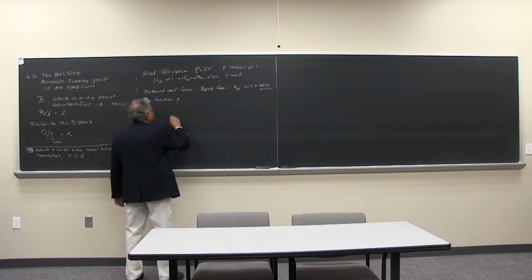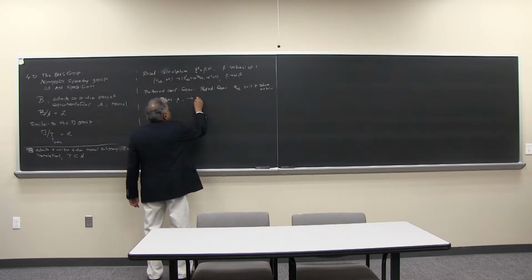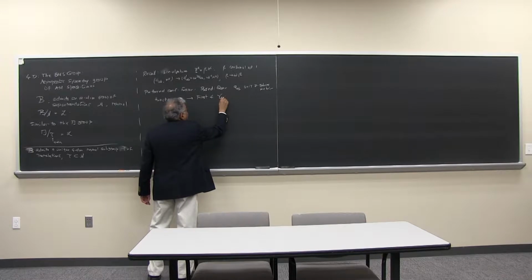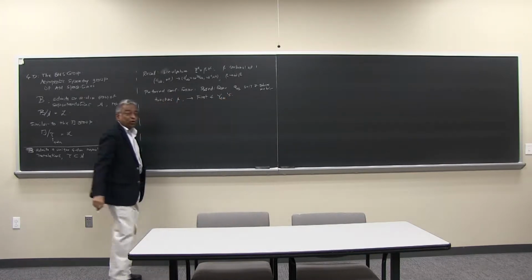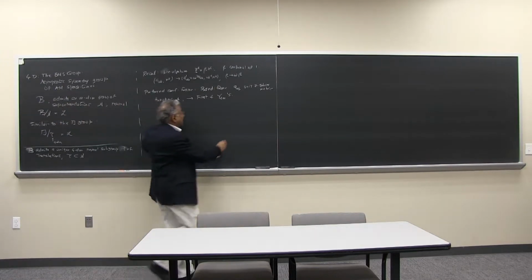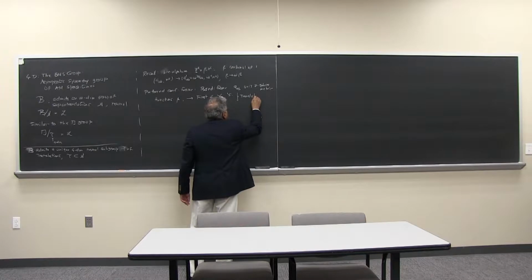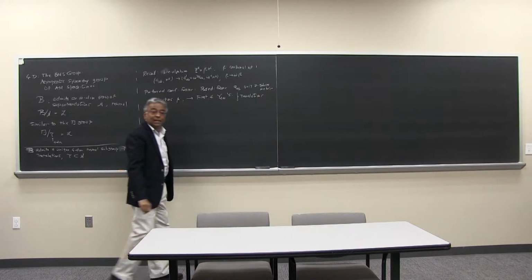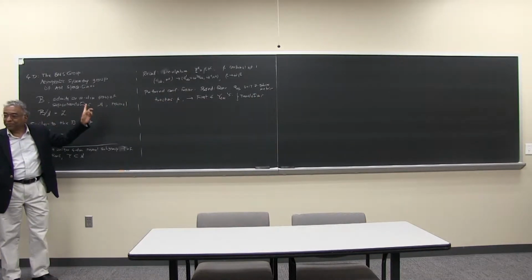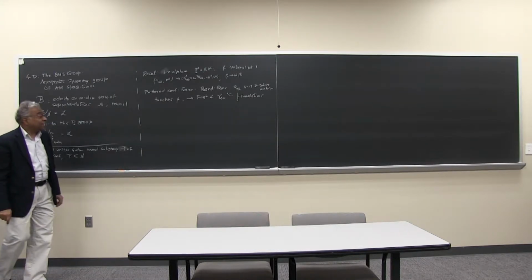Since we have a round metric, we just look at the first 4 Y elements: Y_0,0, which is a constant, and Y_1,m. So these betas are the translations. Did we already see this, or did we do this in class already? No. Okay. So this is the space of translations.